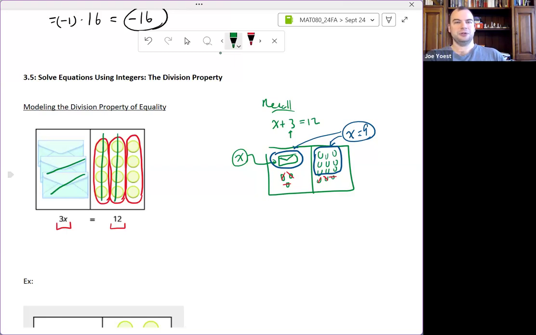Right? I should be able to divide the number of envelopes I have in 3 and divide the number of counters in 3. Or maybe another way that I can think of it is I could have my 1 scale with 12 counters on one side and 3 envelopes on the other side. If I brought over 2 more scales with nothing on either side, I should be able to move 1 envelope and 4 counters to the second scale and an envelope and 4 counters to the third scale, and all of my scales should individually balance now.